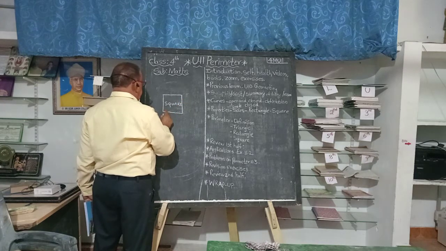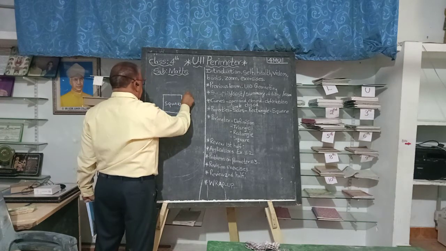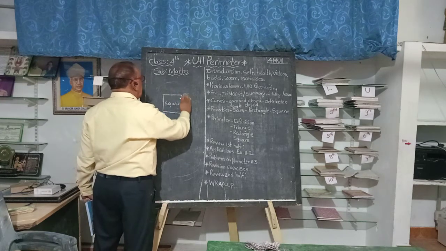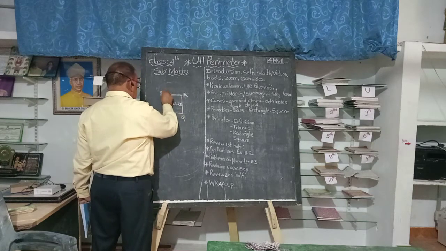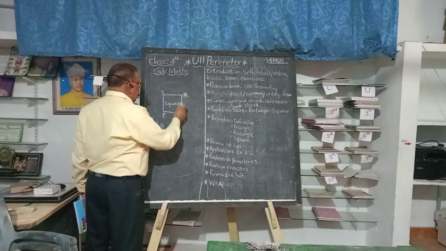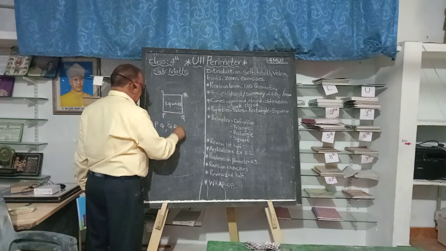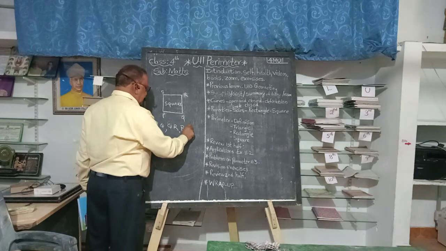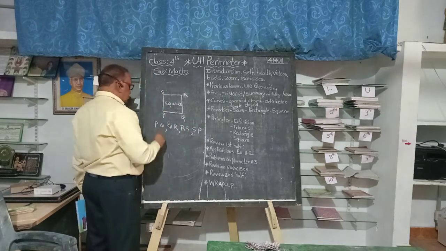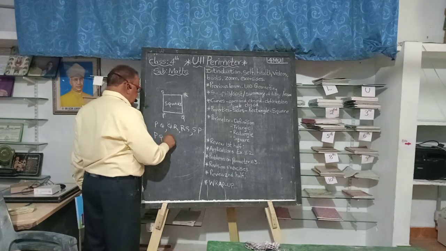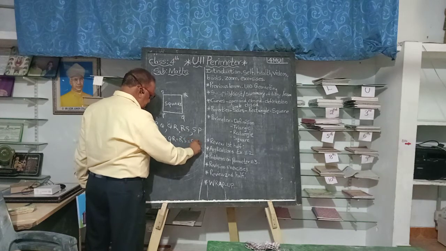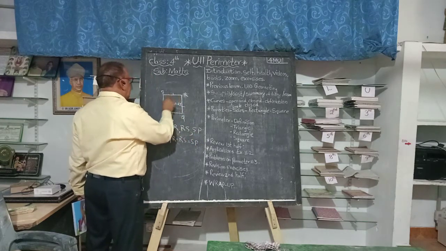You can name the square P, Q, R, S. If we measure the sides, PQ is one side, QR is another side, RS is another side, and SP is another side. Now you notice PQ is equal to QR is equal to RS is equal to SP. That means all sides are equal.